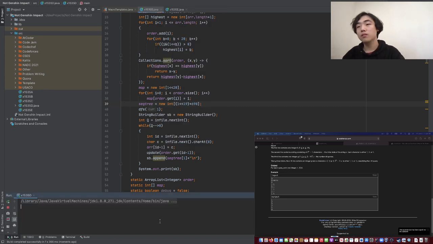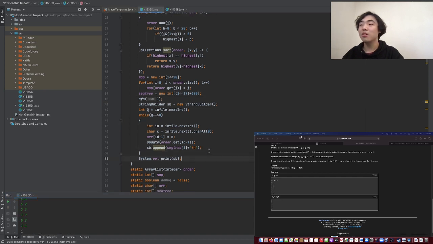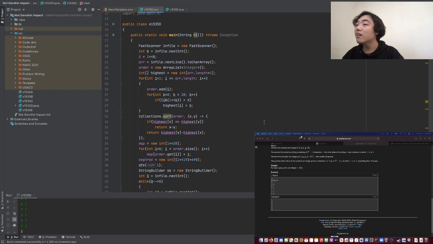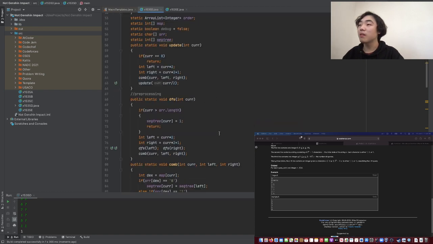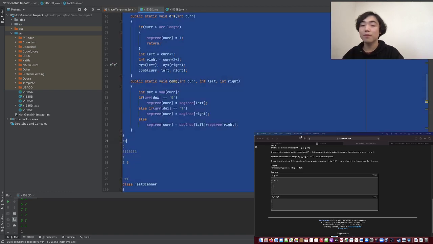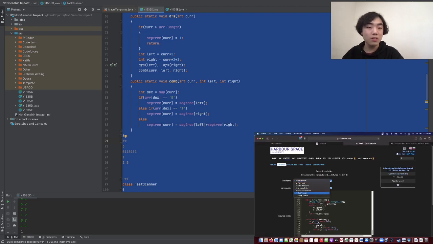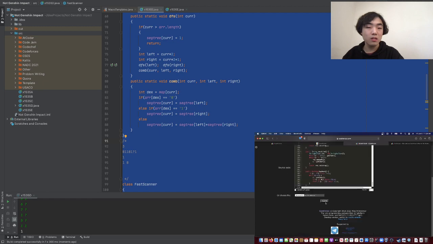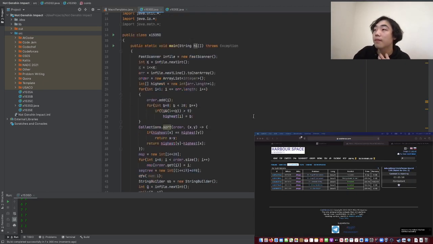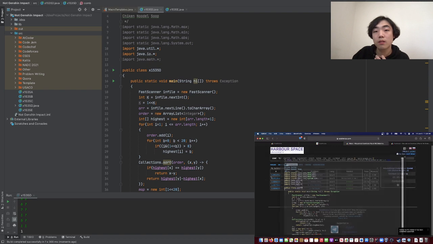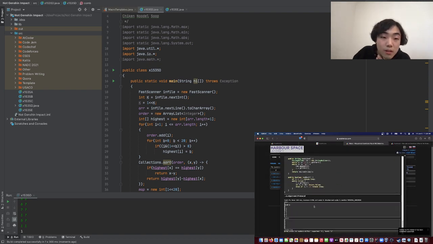Run. 1, 2, 3, 3, 5, 4. Wait, that's literally what it printed, right? Did I accidentally print something else? I don't think so. Wrong answer to test 1. 2, 3, 4, 4, 5. What?